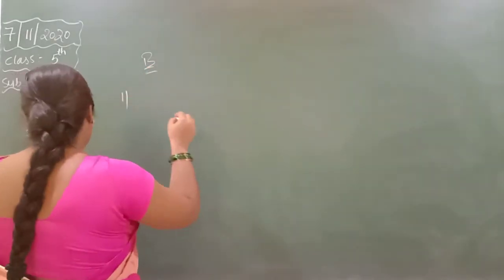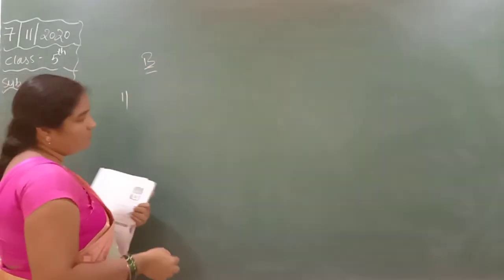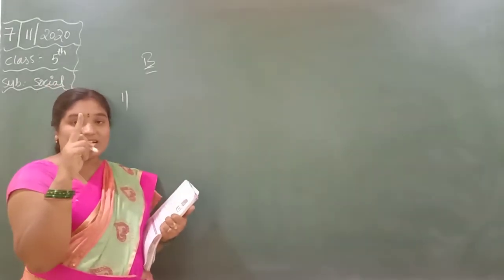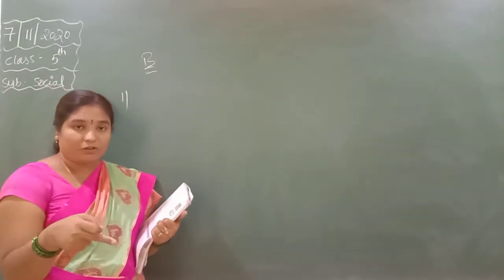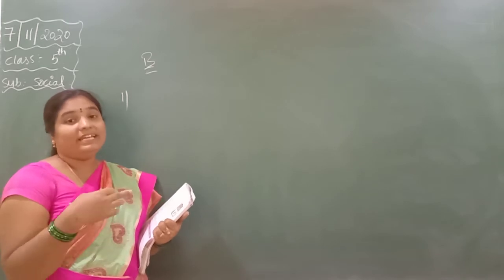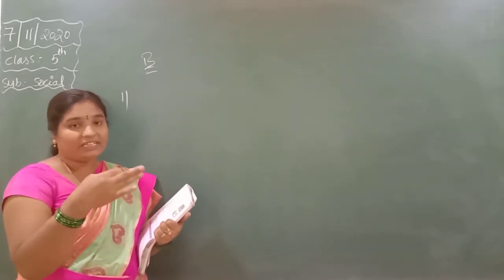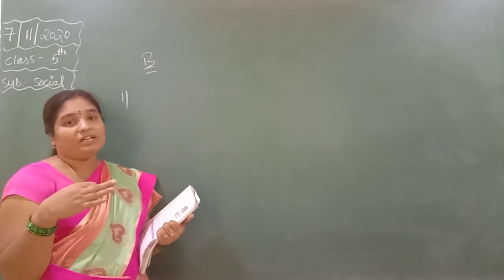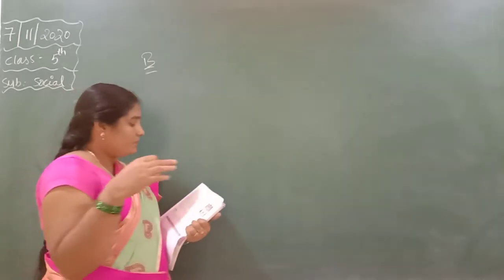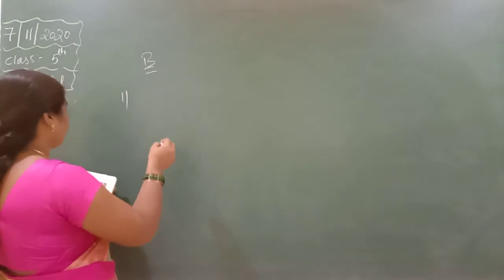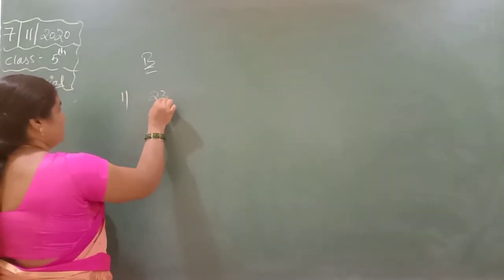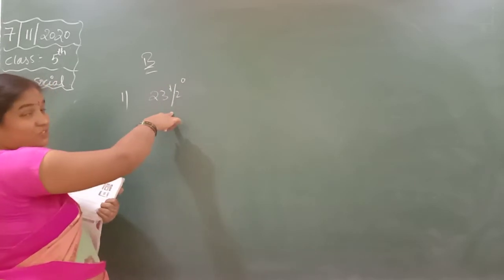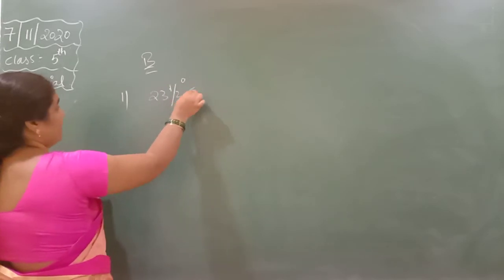First one. Tropic of Cancer, 23.5 degrees. Tropic of Cancer is towards the north and Tropic of Capricorn towards the south. The degrees are the same, common in the northern hemisphere and in the southern hemisphere. Tropic of Capricorn, 23.5 degrees. Capricorn lies towards the south, so you have to write south.